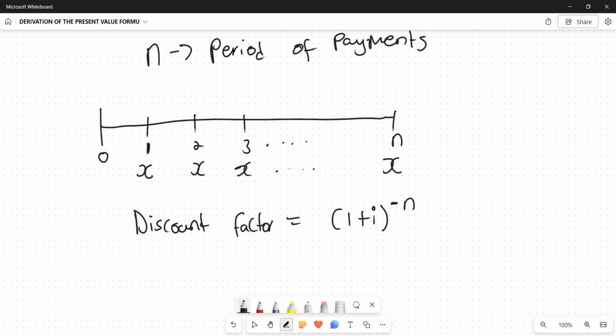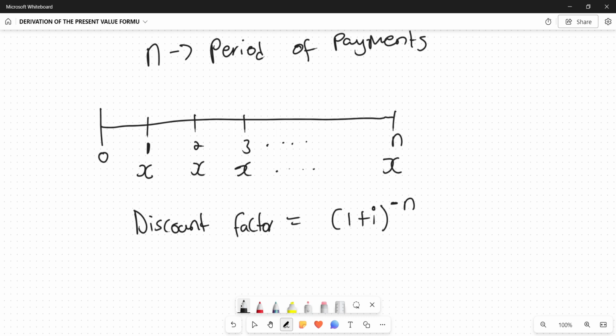This discount factor tells you how much a payment of x made in the future is worth in today's terms.